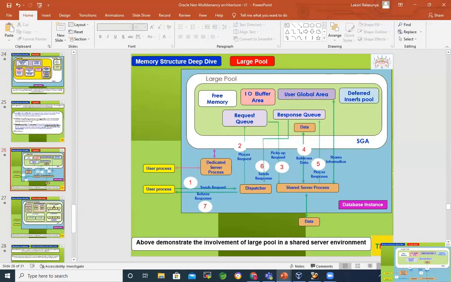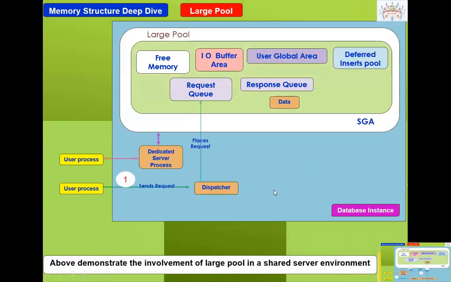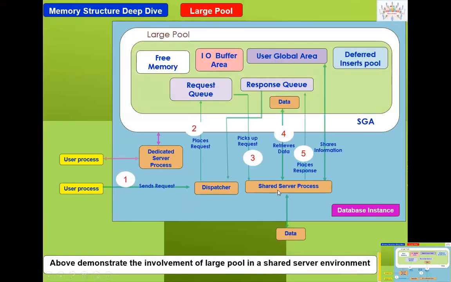So ultimately step number 7 will take place, after 5 and 6 happen. The response queue sends the response to the relevant dispatcher, and the dispatcher responds to the front-end application that initiated the request. Number 7. Hope you got the complete understanding of that process.